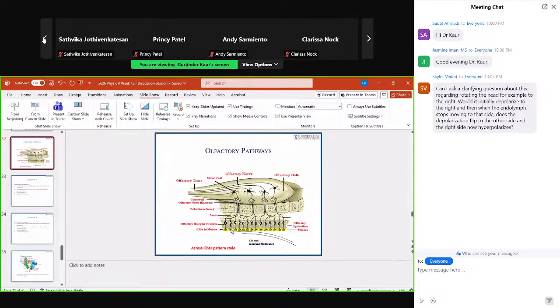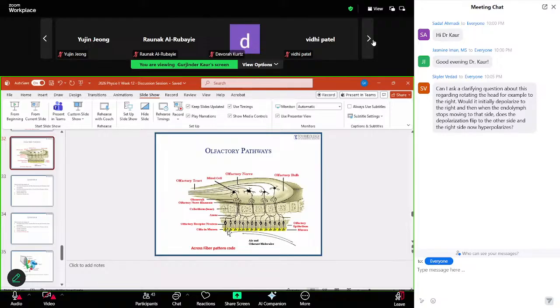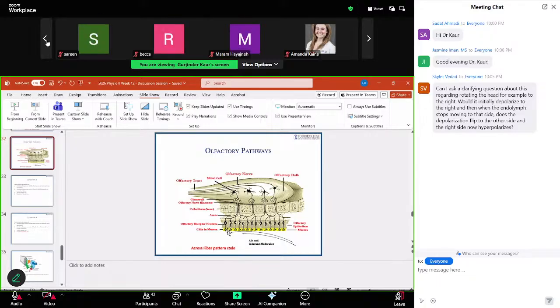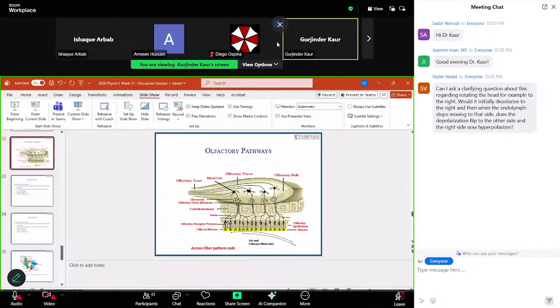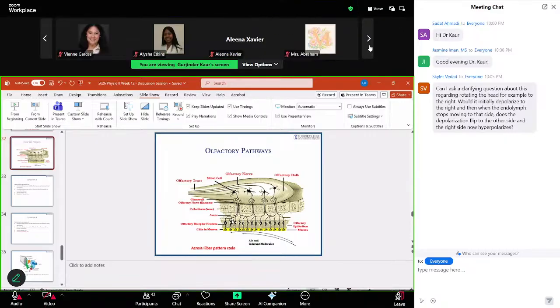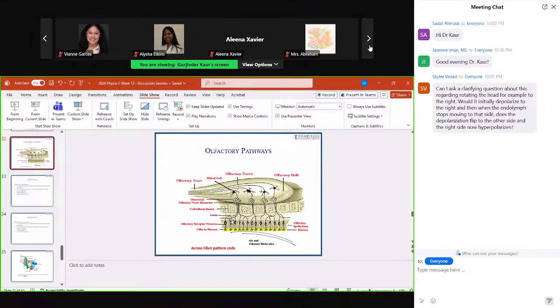But how the receptors transduce this electrical signal is that the odorants bind to the G protein-coupled receptors, and then they activate the adenylate cyclase cAMP pathway, which opens the cation channels. That's how the depolarization happens, and that will be passed on to the fibers further down. Okay, clear? Yes. That makes sense.